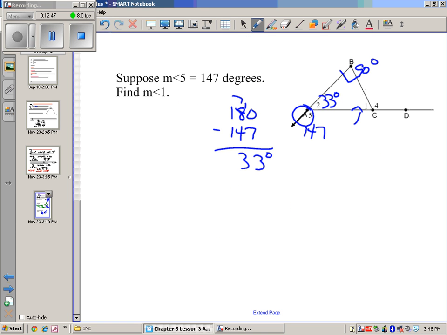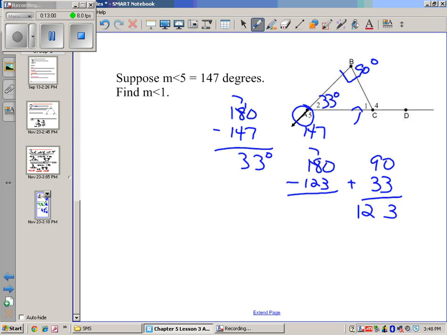We know the triangle equals 180. We know one angle is 90. The other angle is 33. We'll add those together. We get 123. We'll take 123, subtract it from 180. 57 degrees. Angle 1 is 57 degrees. And there you have it.